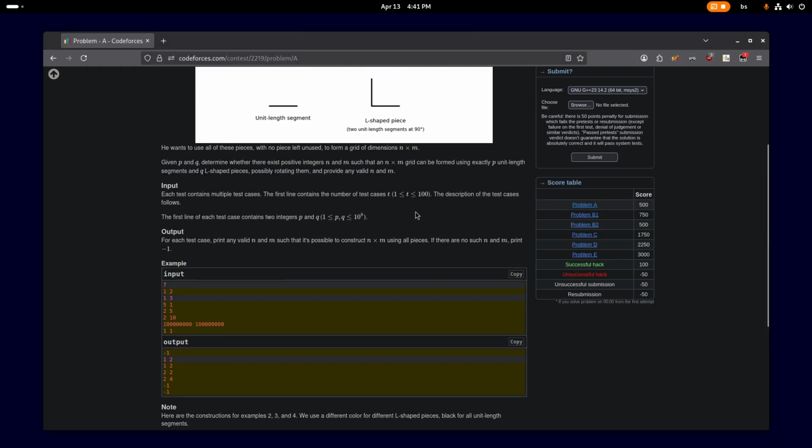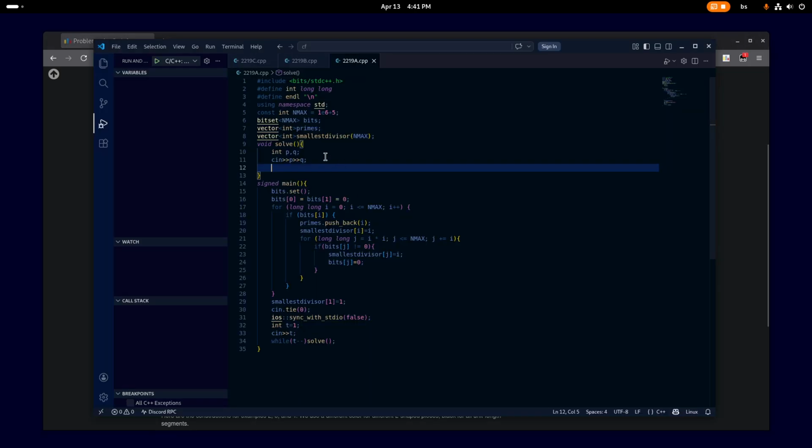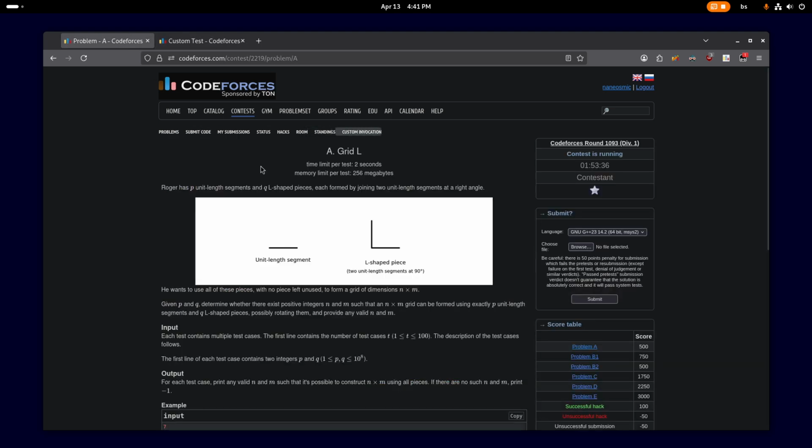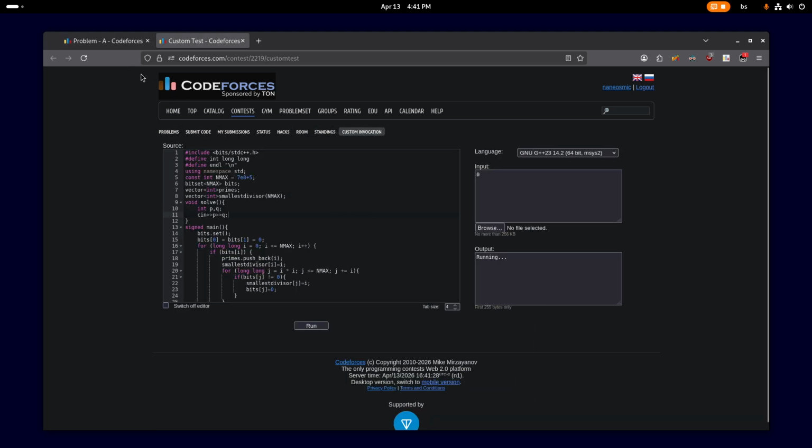So 2p plus 4q is about 10 to the 8, right? So I guess I can put maybe like 10 to the 7. I think that this should run in 1 second maybe, right?